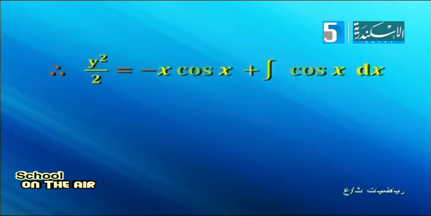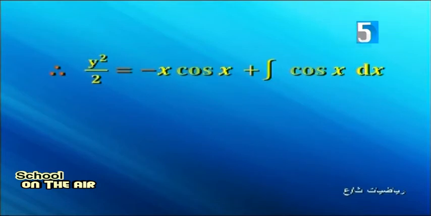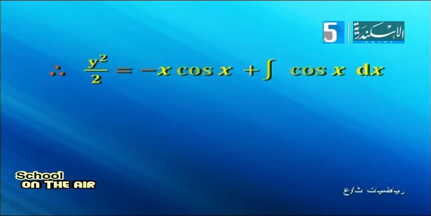The integration of y dy dx with respect to x is equal to y power 2 over 2; we add 1 to the power and divide by the new power. It equals the integration of sine x multiply x dx by using parts.